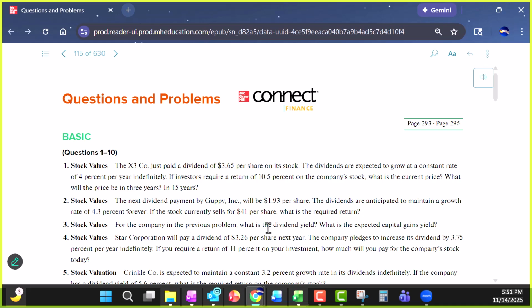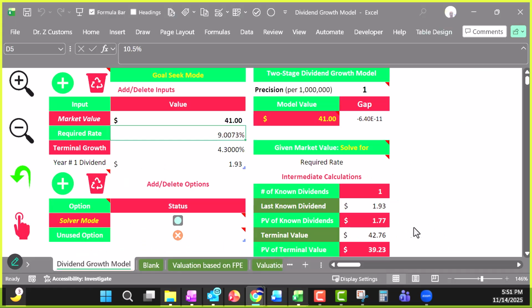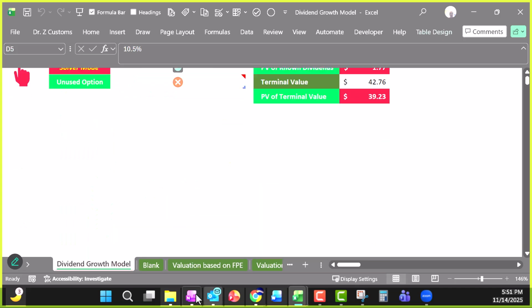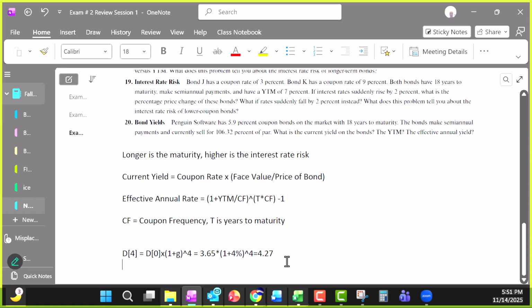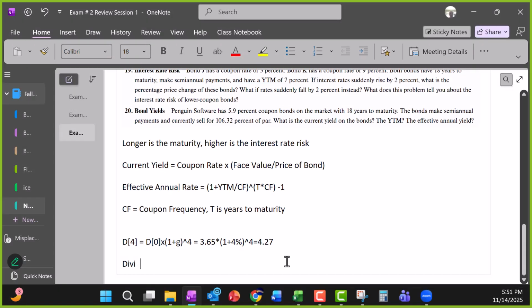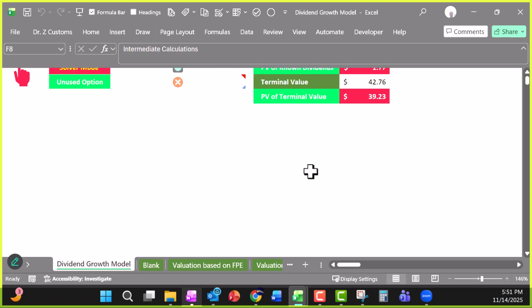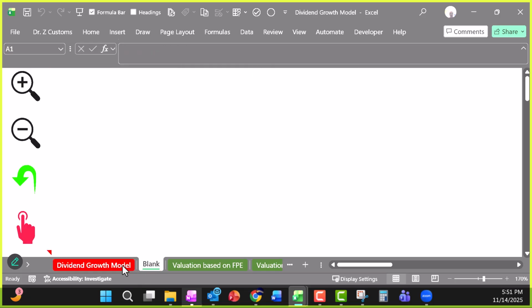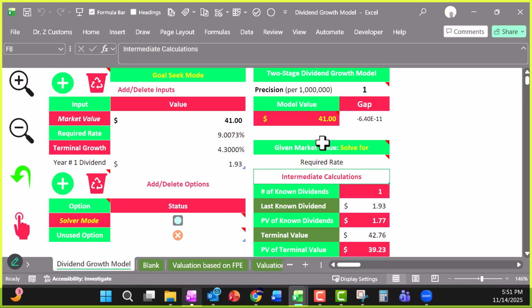For the company in the previous problem, what is the dividend yield and what is the expected capital gains yield? I don't think I calculate dividend yield here, but dividend yield is simple. Next year's dividend divided by price. So 1.93 divided by 41.